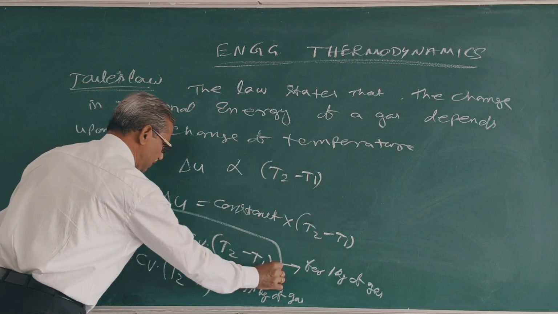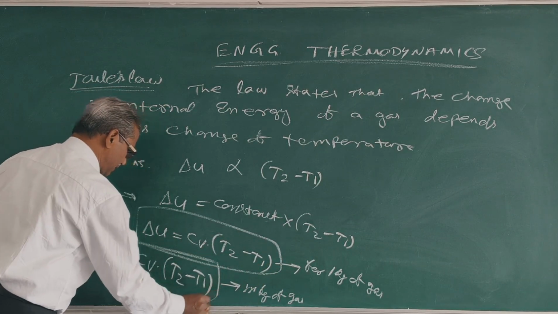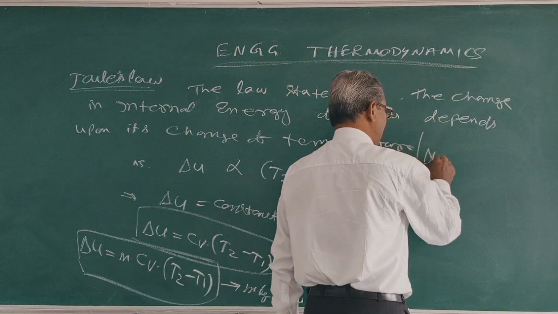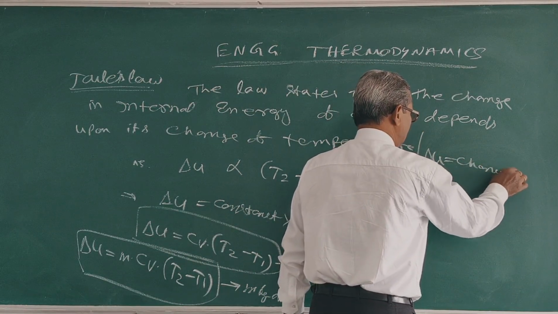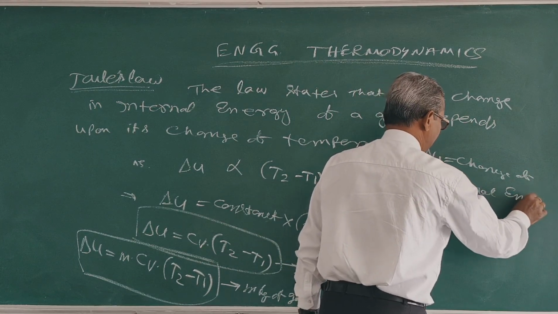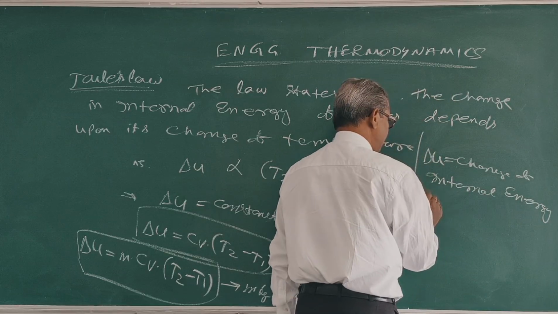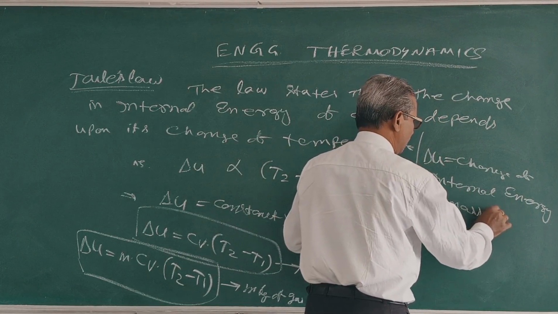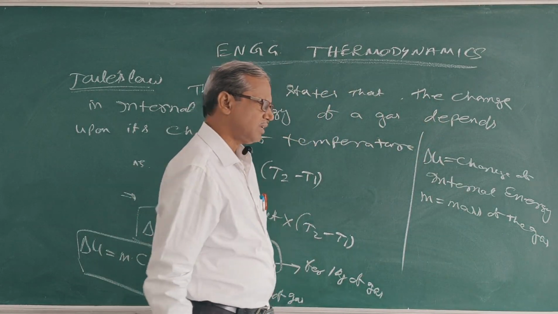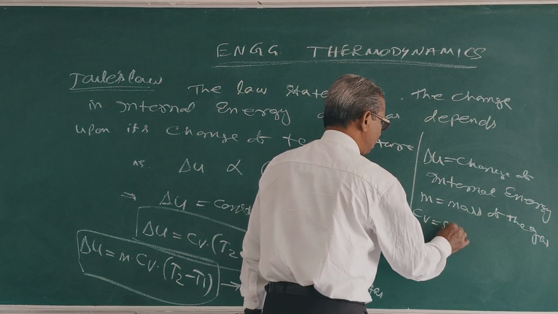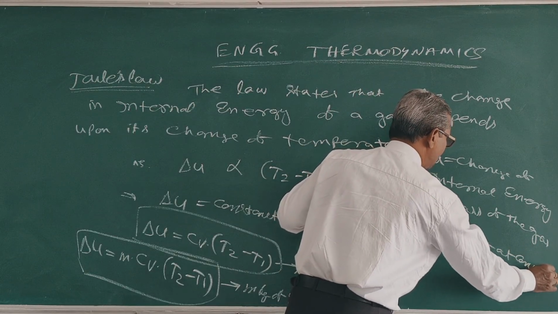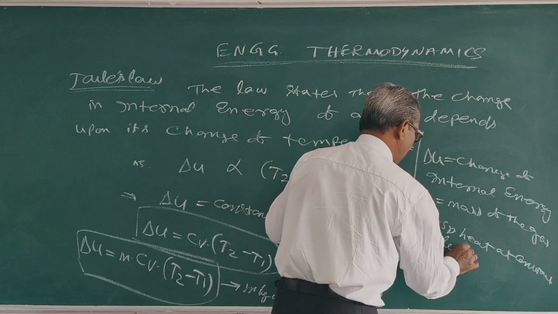This is del U, change in internal energy, where delta U is equal to change of internal energy, m is equal to mass of the gas, Cv is equal to specific heat at constant volume.